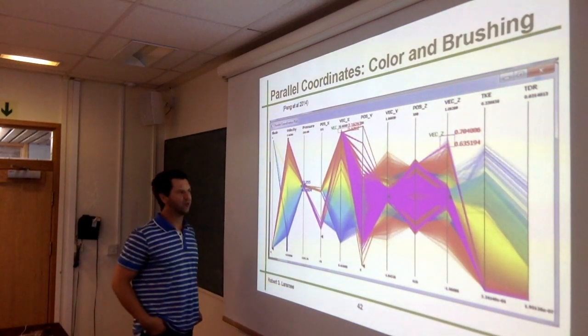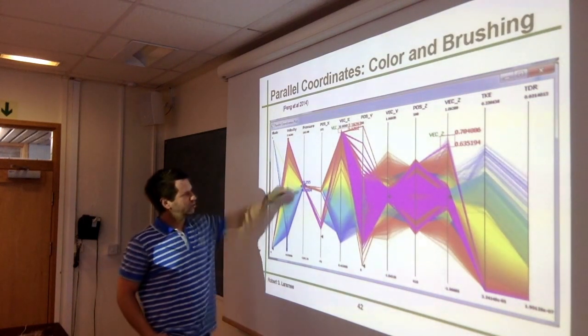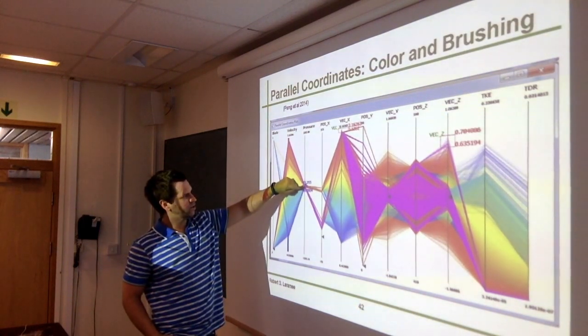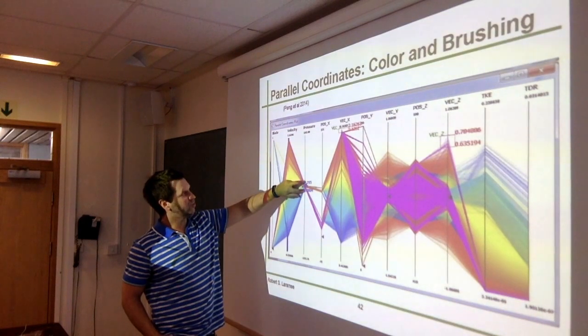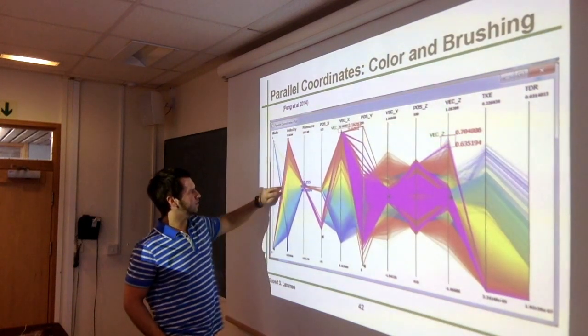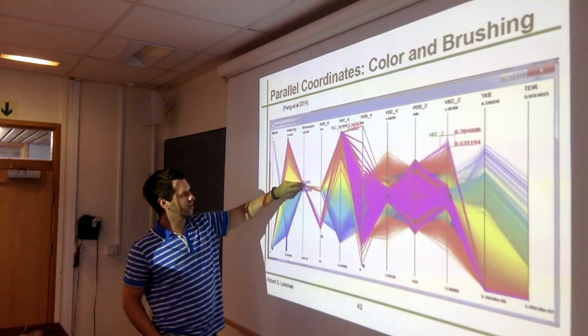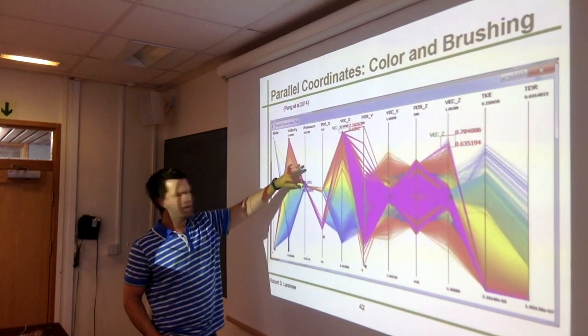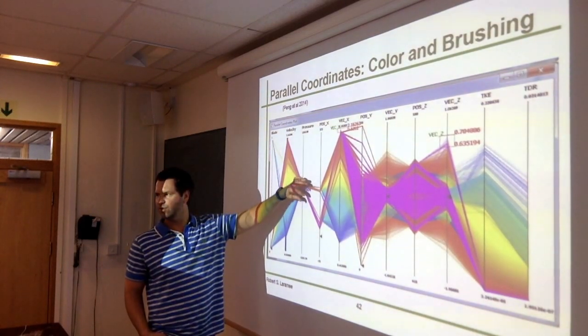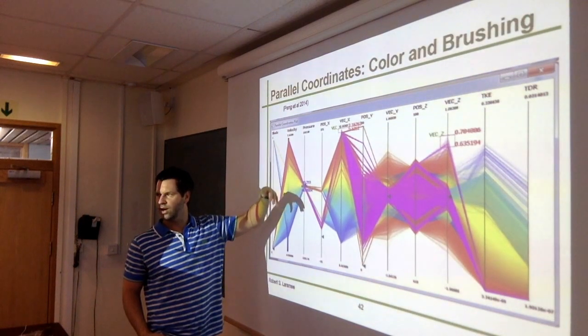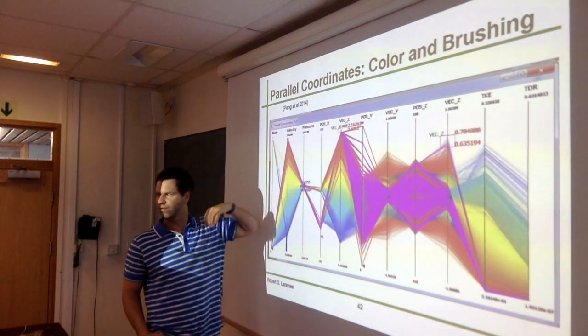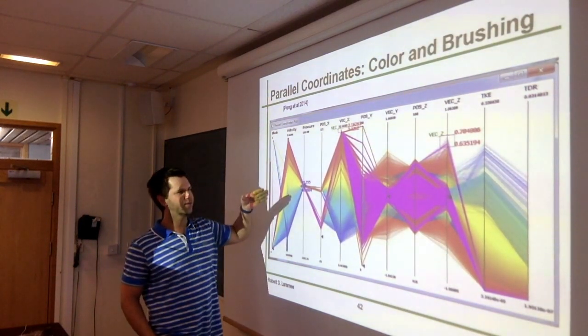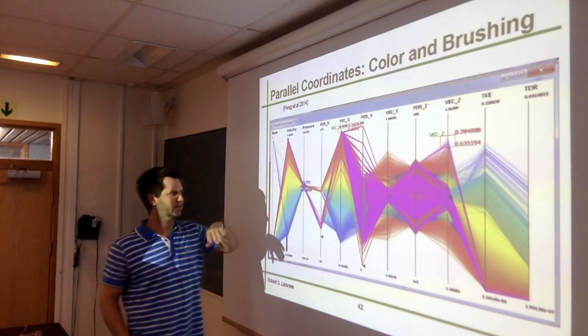One is called brushing, and that means you can select a range of values along any axis. Right here, the user is selecting this range of values, and then all the polylines passing through that range are highlighted, rendered in focus, where the other ones are rendered in context.